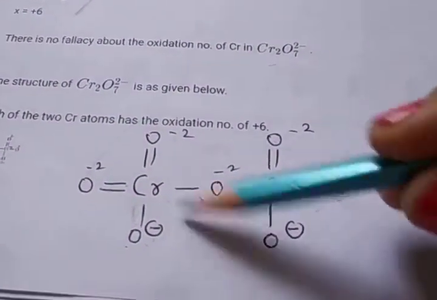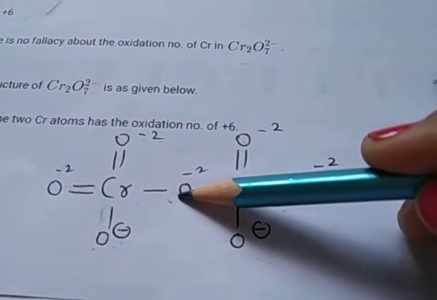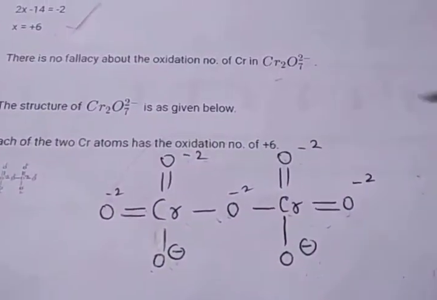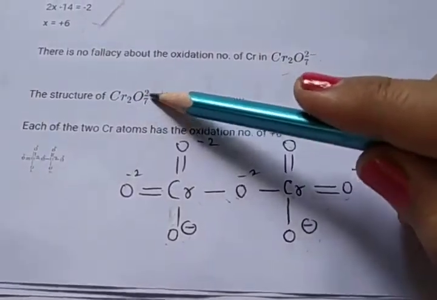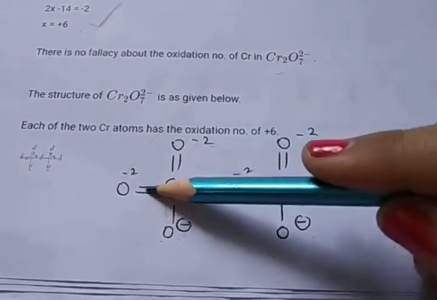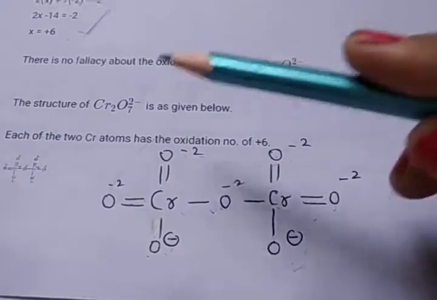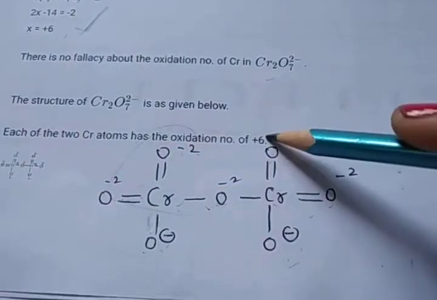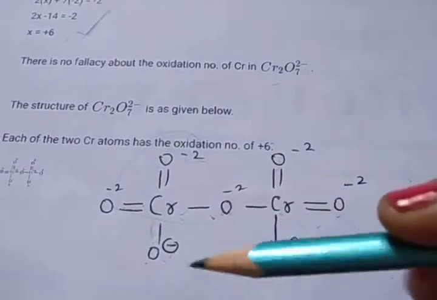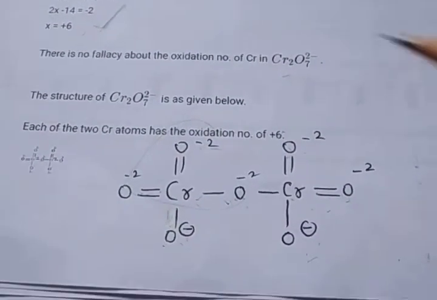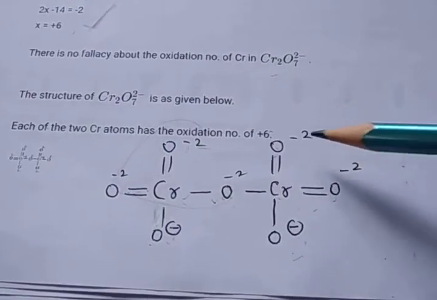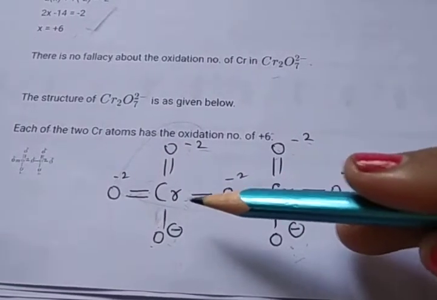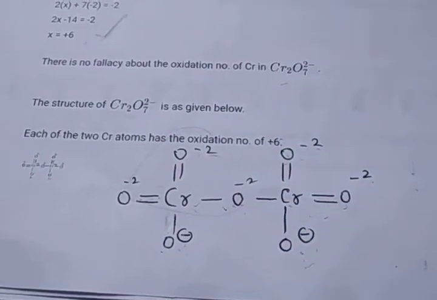All 7 oxygens are complete, with a total charge of 2-. This is -2, -2, -2, representing chromium +6, which is -6. Each chromium atom has oxidation number +6.